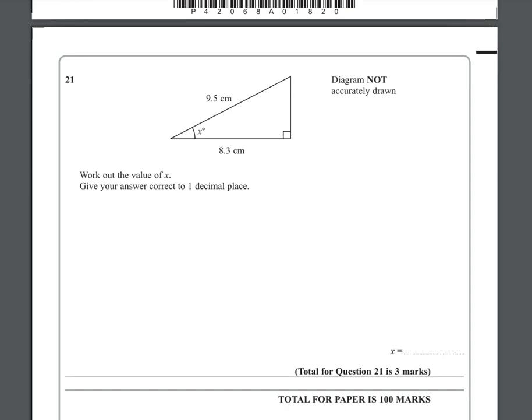Okay. So Oliver's horse came ambling home to Oliver's aunt, or SOH CAH TOA. So this one, it's got an angle, the hypotenuse and the adjacent. So this is using cos.